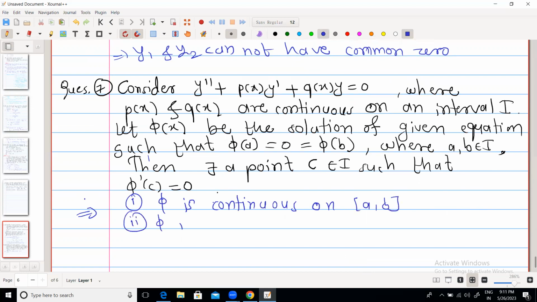Second, phi is differentiable on open interval AB. Third one, phi of A is equal to 0 and phi of B is 0.